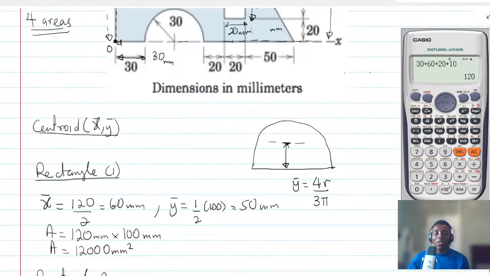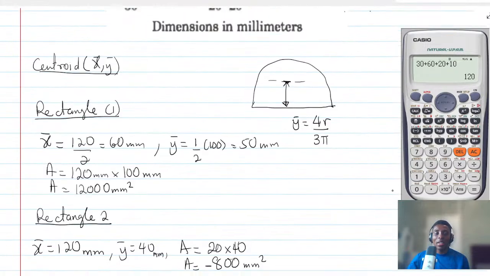So to get the actual answer, the Y bar will be 4 times r, which is the radius, which is 30, divided by 3 pi. Now if you do 4r over 3 pi, you are going to get what?